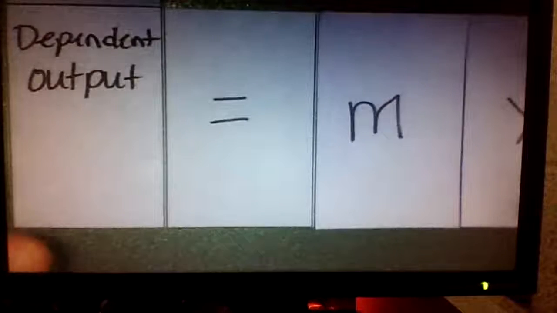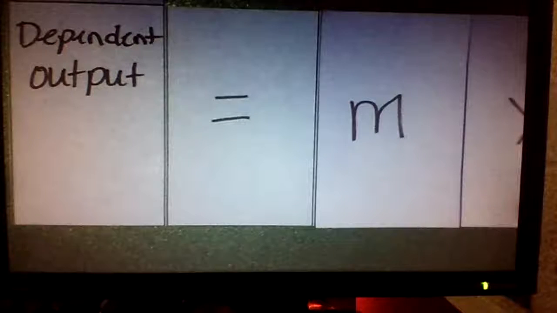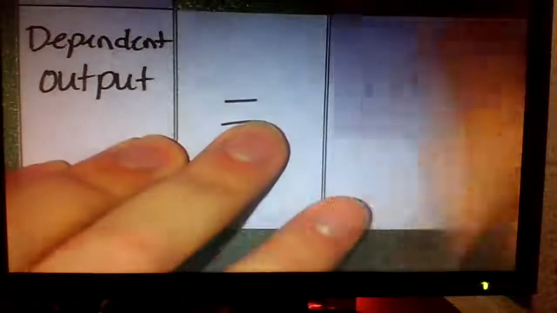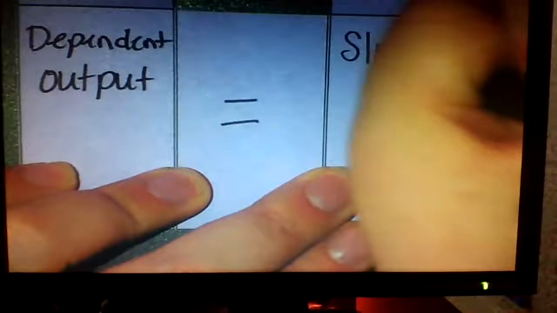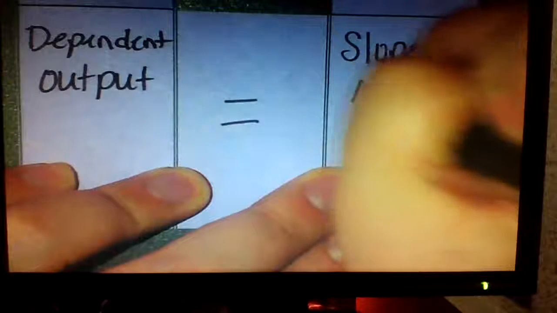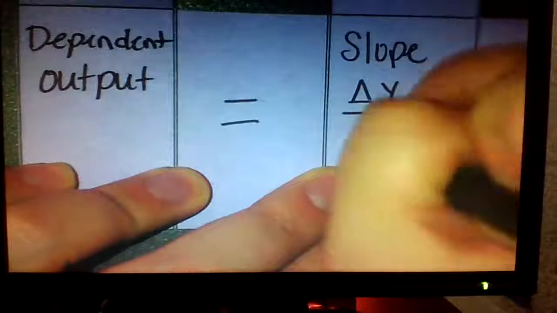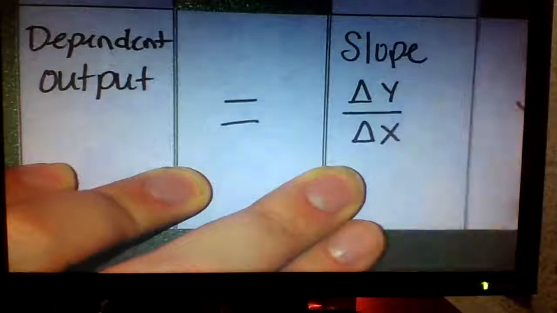Okay, let's look at m. What does m represent in this equation? That's your slope. So m is your slope, which is your change in y over your change in x.